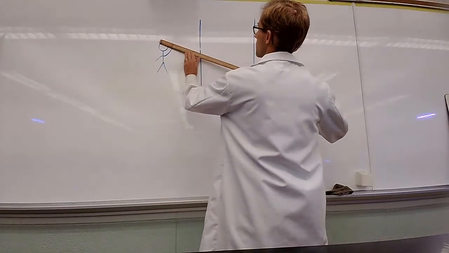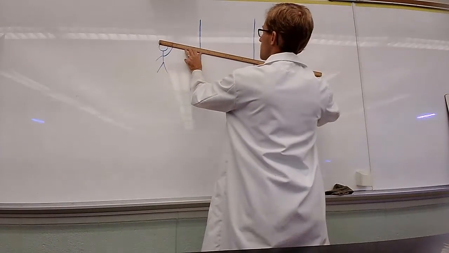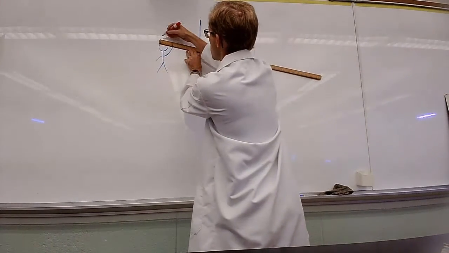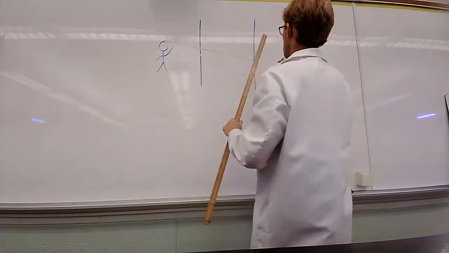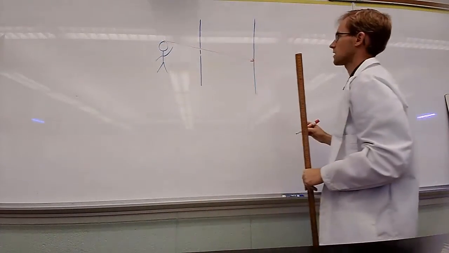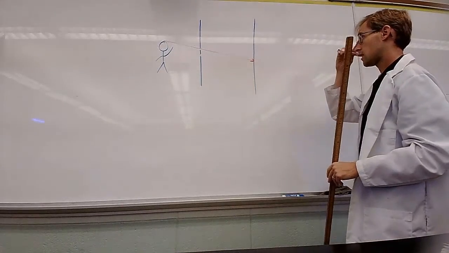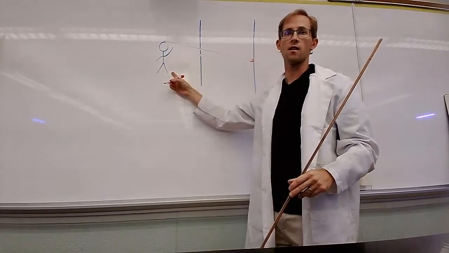So if I have a light ray from the top of the basketball player's head going through that little pinhole, it's going to have to show up somewhere right there. And I think you were saying the same thing for the bottom, right?